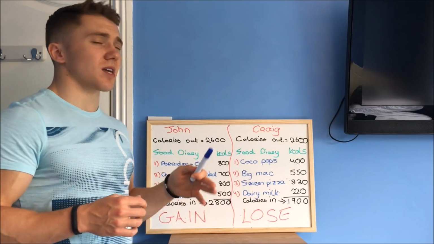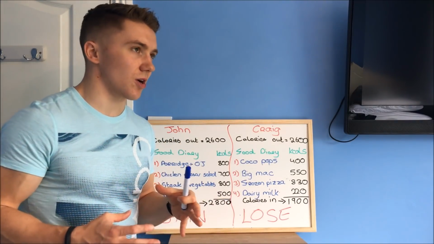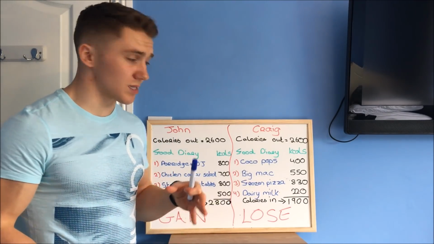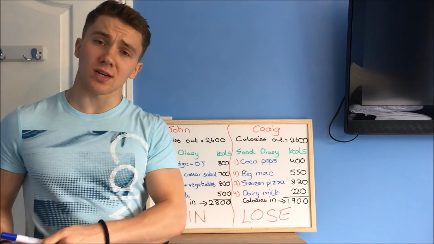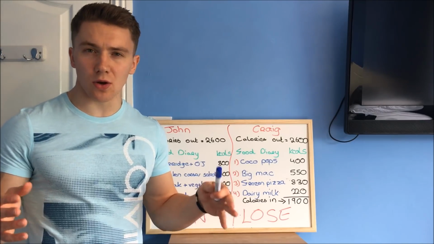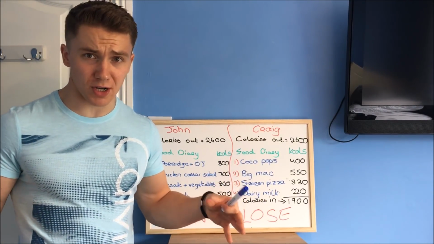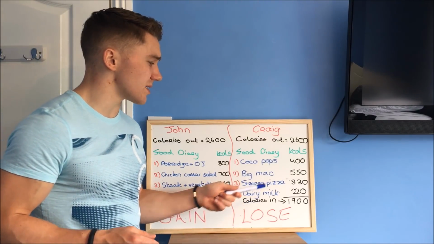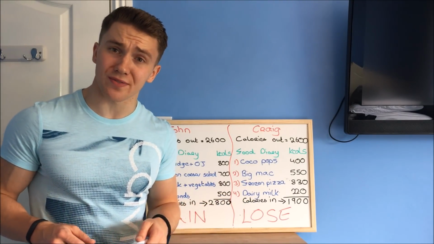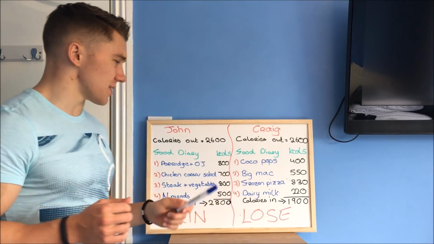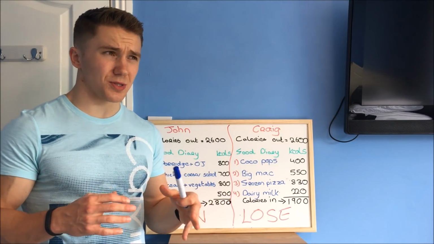For dinner, Craig usually gets home from work and he's very tired, so he usually just sticks a pizza in the oven for 20 minutes, bam, 830 calories. At night, Craig loves watching Netflix, but you can't watch Netflix without a treat, right? So Craig usually has a Dairy Milk while he's watching his favourite show. 220 calories.